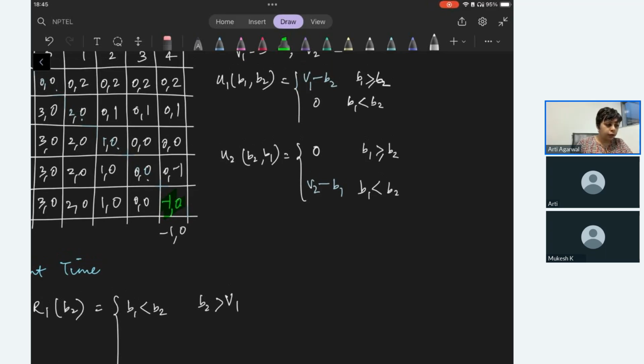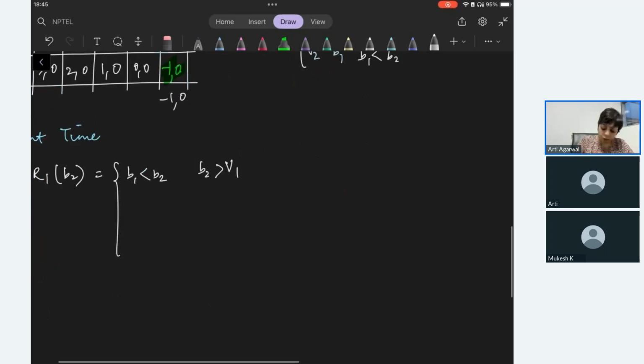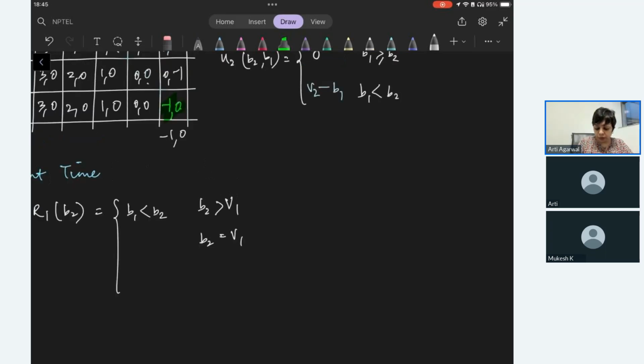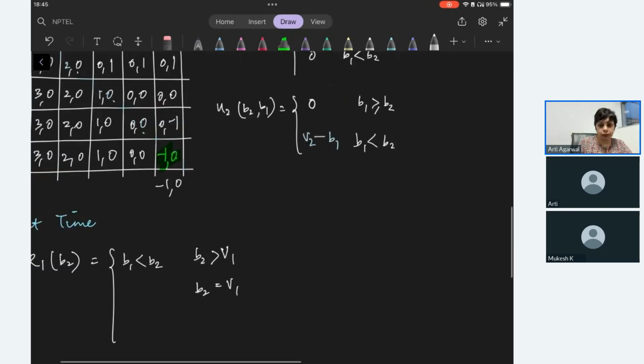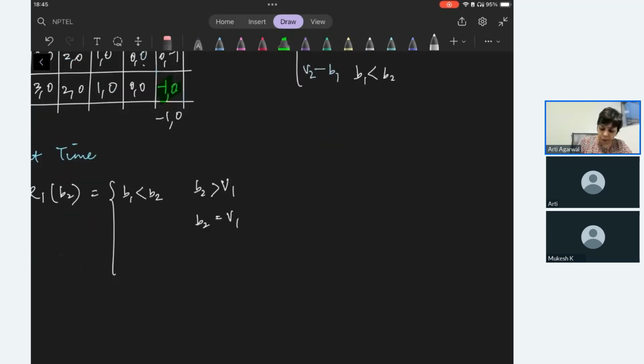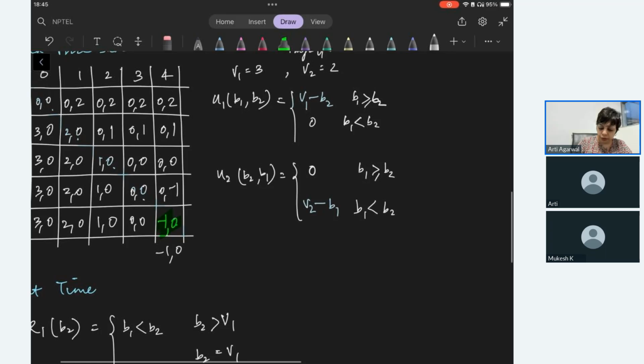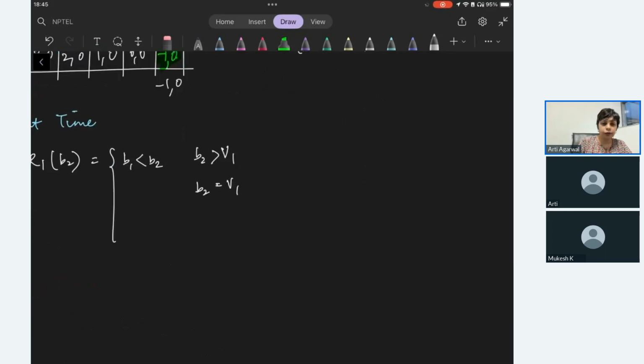Then if B2 is equal to V1, whatever he bids, it doesn't matter, because as long as he's winning the game, this is actually equal, right? B2 is equal to V1. Now you have V1 minus B2 as the payoff. His payoff is 0. So he's going to have this response.